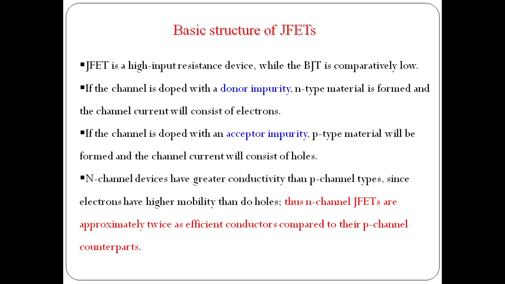N-channel devices have greater conductivity than P-channel types, since, as we have already discussed, the electrons have higher mobility than holes. Thus, N-channel JFETs are approximately twice as efficient a conductor compared to their P-channel counterparts.